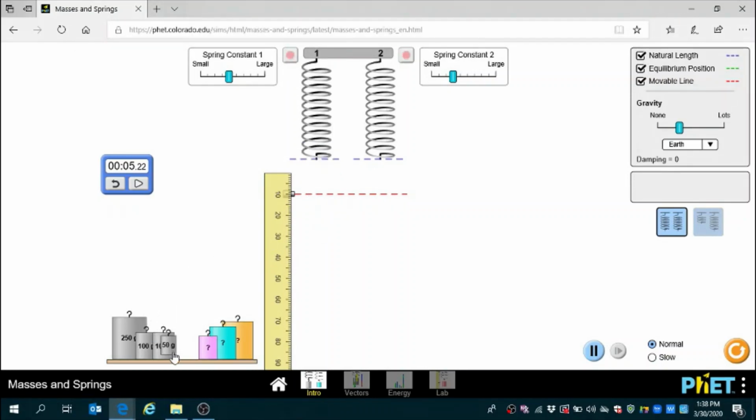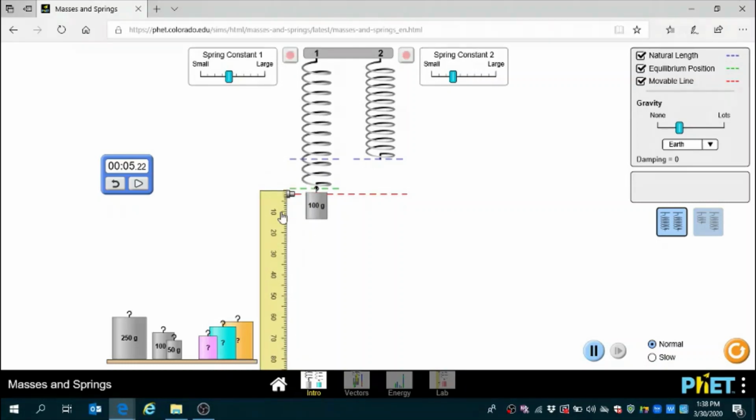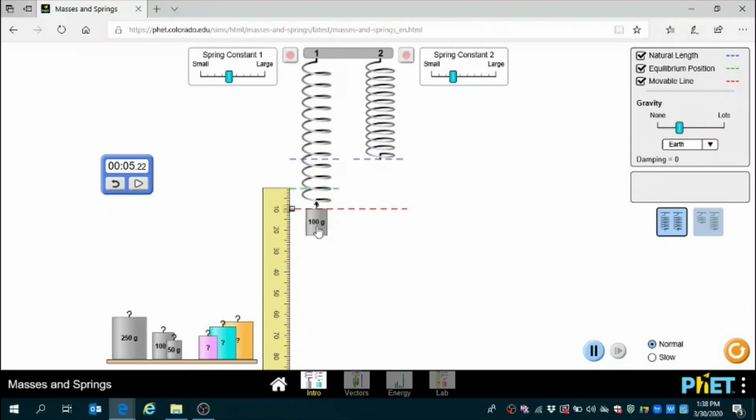But if we were to double the mass to 100 grams, notice that first of all, we again have a lower equilibrium position. To get a similar stretch of the spring, we'll have to pull the mass down even further, to here, and then let it go. That's already oscillating slower. 1, 2, 3, 4, 5, 6, 7, 8, 9, 10.